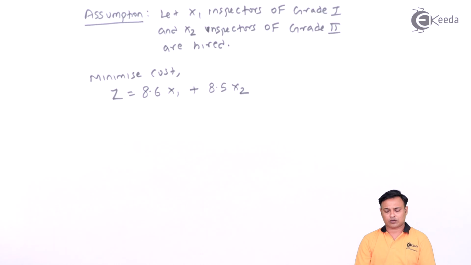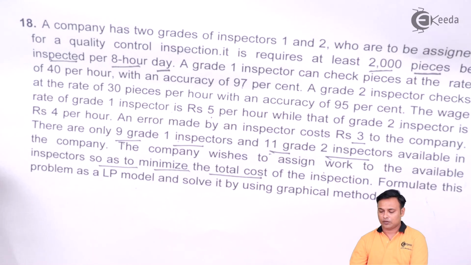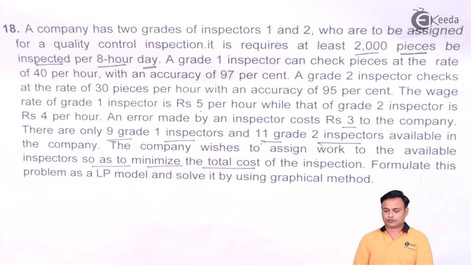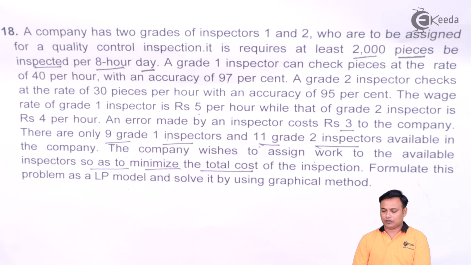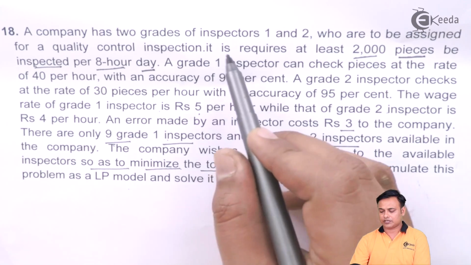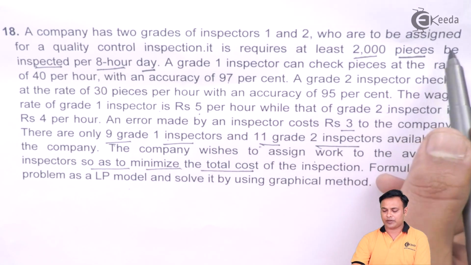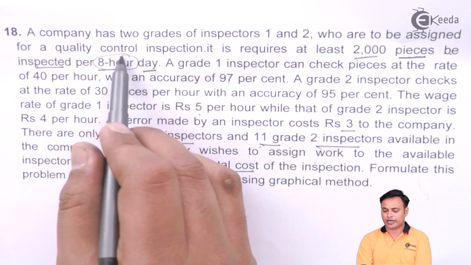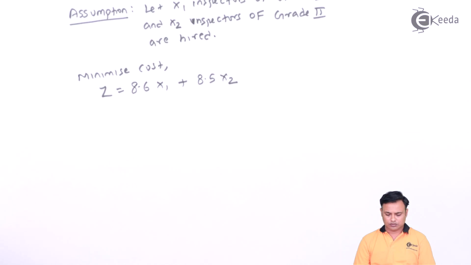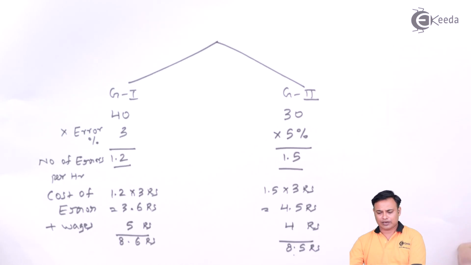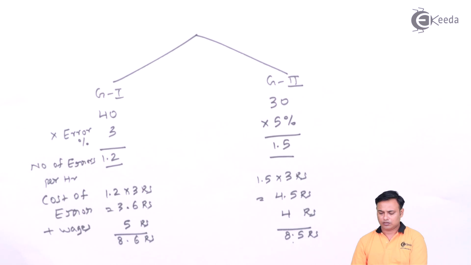This was the first part, cost per hour. In the third line we are given it is required at least 2000 pieces be inspected per 8 hour a day. So we have done the calculations. This was our calculation, the first one.